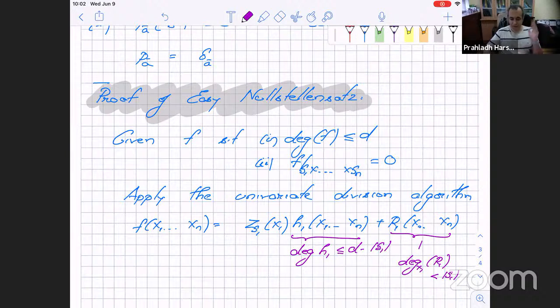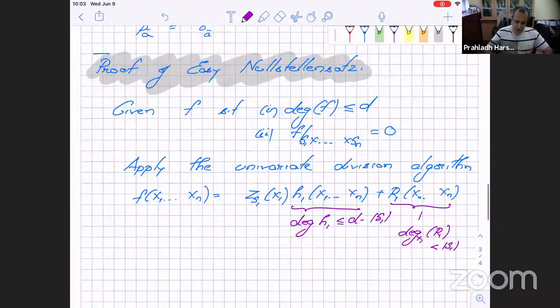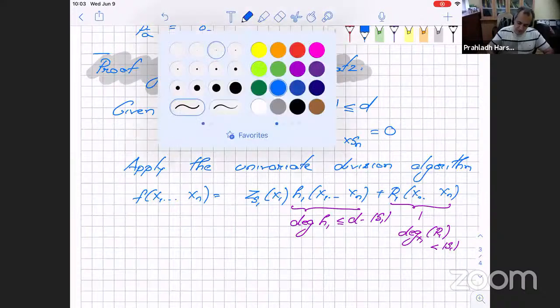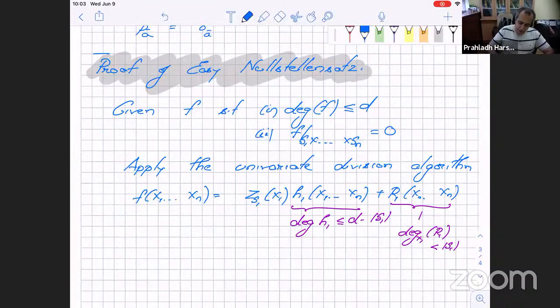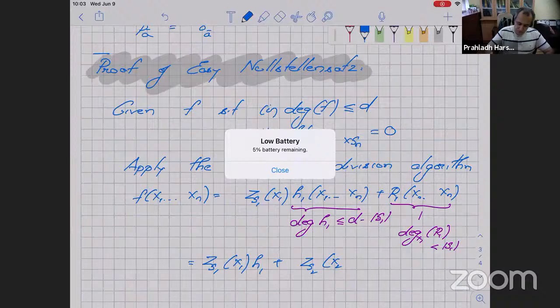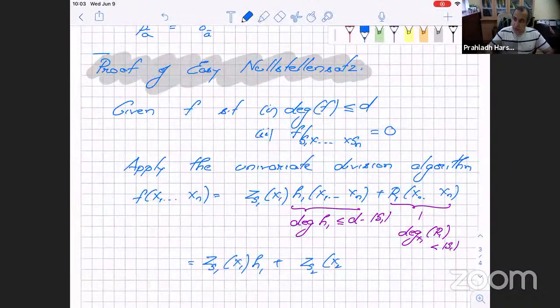I don't know if I'm using these words quotient, dividend, remainder correctly. It's ages since I've used these terms. Now you apply the same process on r1. So now I've gotten Z1, x1, h1. Now I'll divide by Z2, x2. It's being charged. What's happening?